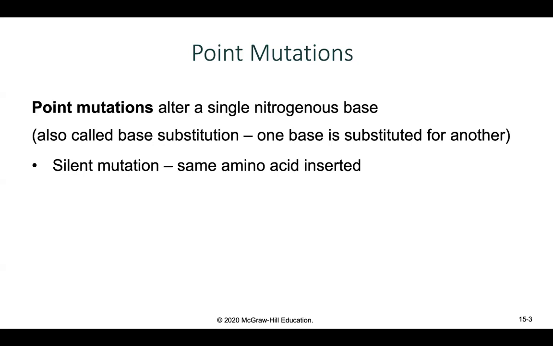Like I talked about on Monday and you just saw in that video, there are multiple codons that can code for the same amino acid. So there's some overlap. If it so happens that one base is substituted for another in one of those codes, but it still codes for the same amino acid to be brought in, there's no overall effect. That is a silent mutation. So really no effect on the protein at all.